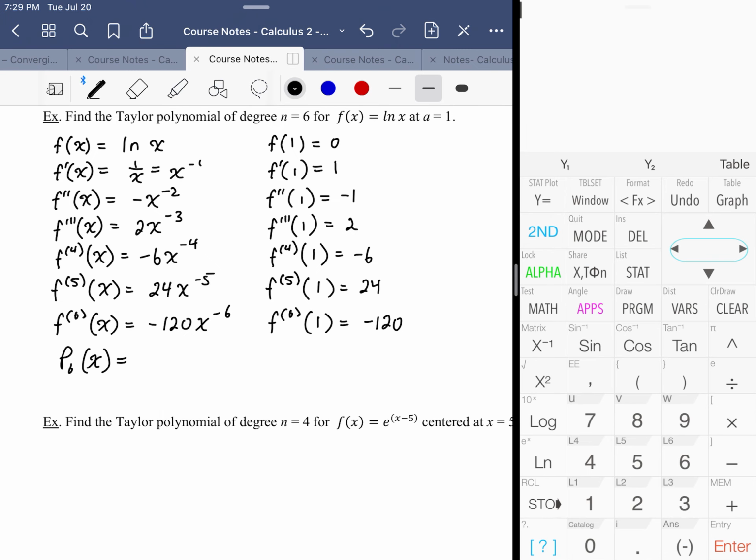So we're looking at 0 over 0 factorial times x minus 1 to the 0th power, but I think you'll forgive me if I just write the 0.